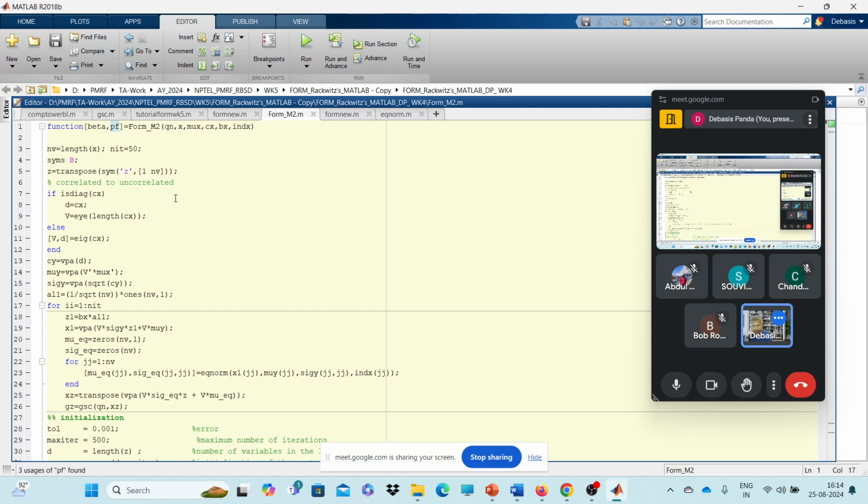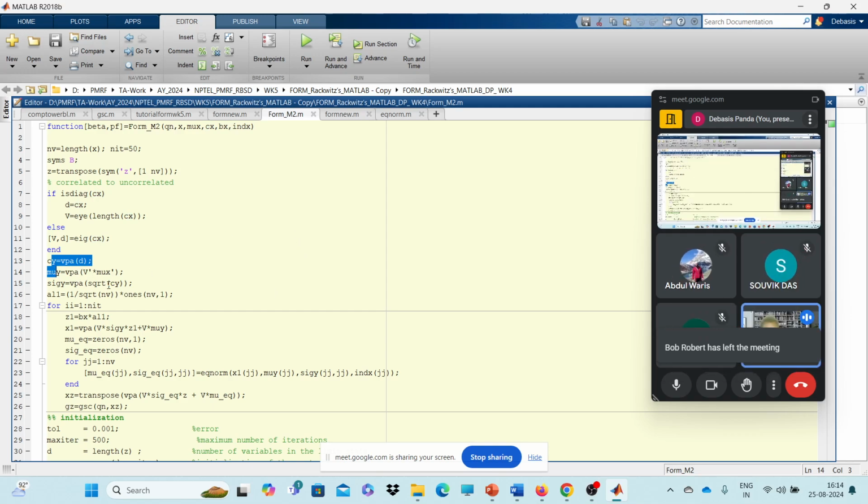The flow of this algorithm will also be the same: it will first check your covariance matrix, because you are giving the covariance matrix as input, whether it is correlated or not. If it is correlated, then it will perform the eigenanalysis and set the parameters for the uncorrelated space.